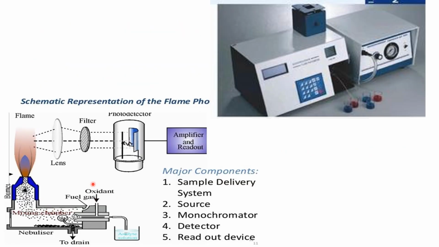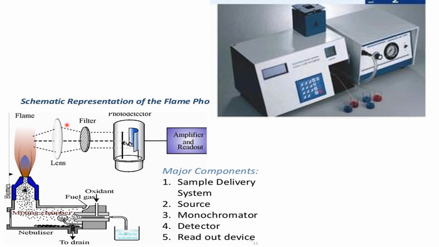So this is how it works. This is the place where the sample is there, and it is now added into the sample delivery system. In the sample delivery system, whenever there is heat provided, the ions present in the sample will emit certain wavelengths.